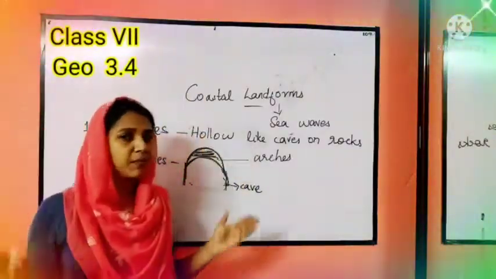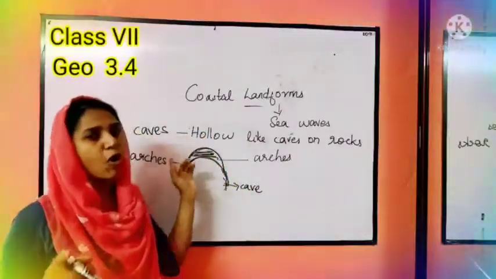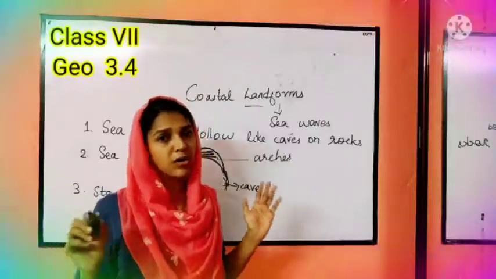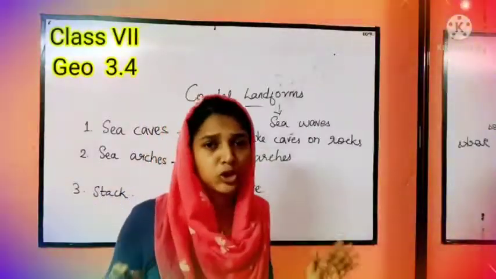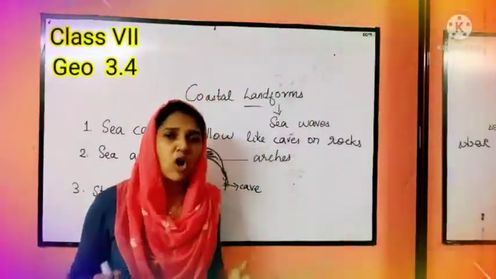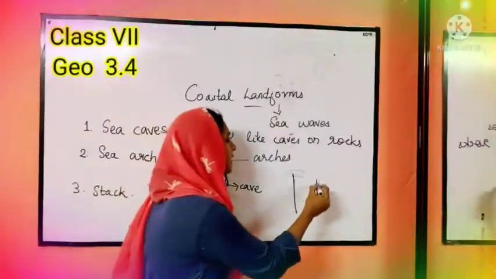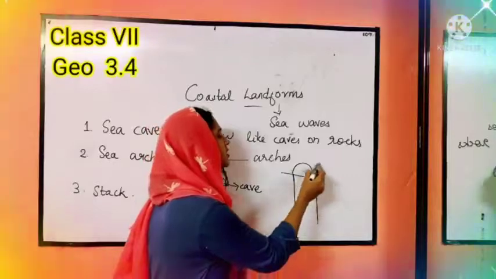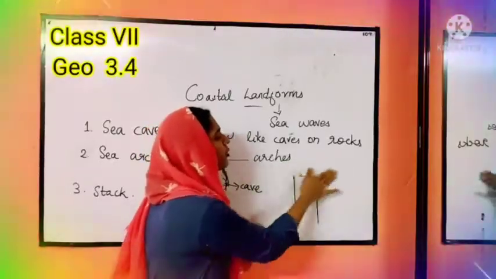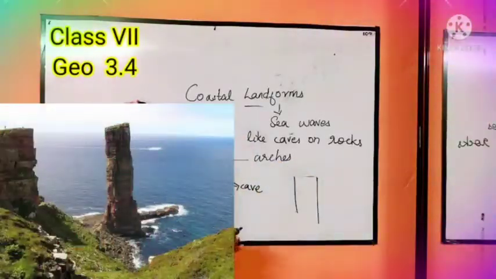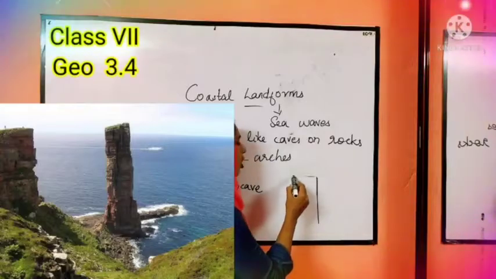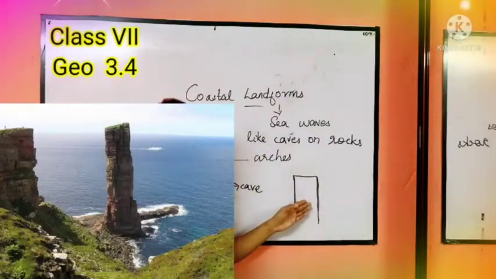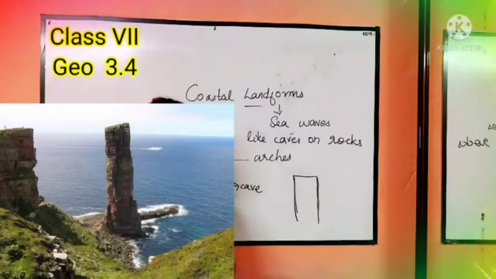The arch-like portion or the roof of the sea arches breaks down due to the continuous erosional processes. Only the walls remain. When the roof of this arch is cut down due to the erosional processes, a rock like a wall can be seen in the coastal areas.